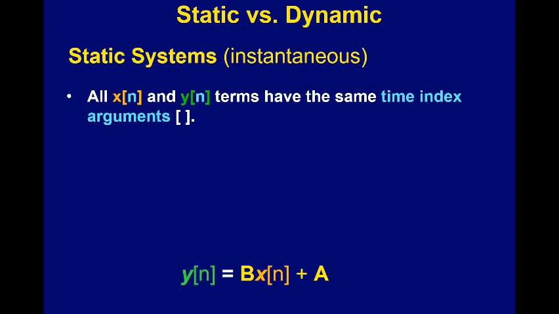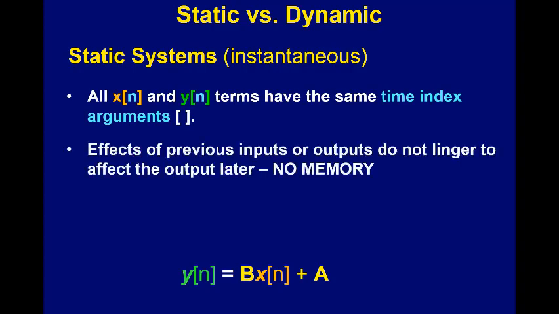So all the x of n and y of n terms have to have the same time index arguments. That means you're not reliant on previous information, so there are no memory elements in a static system. No registers, there's no delay units, nothing that looks like memory. So that means there's got to be no delays or advances in the difference equation.